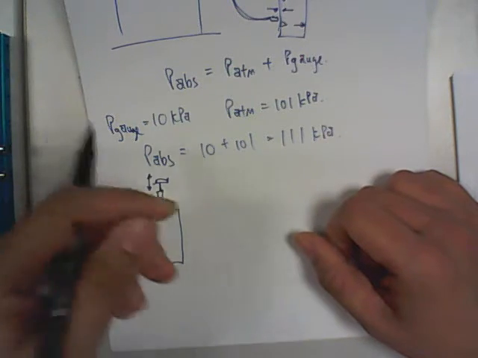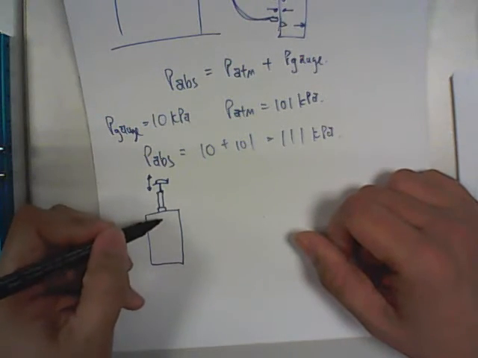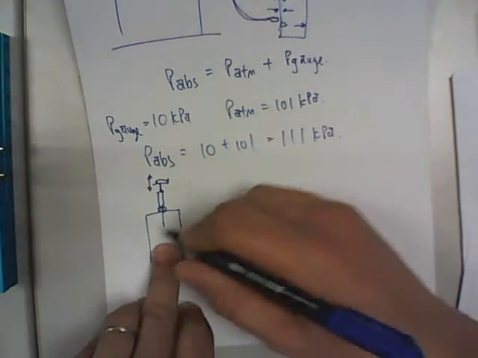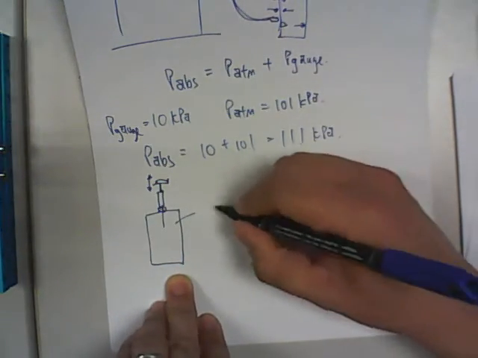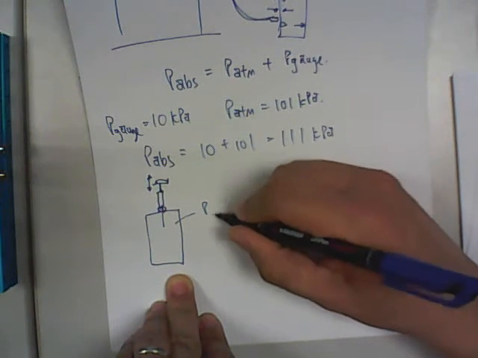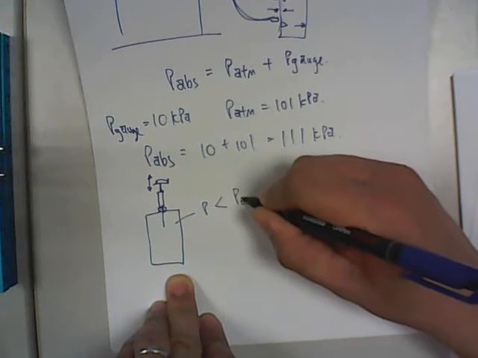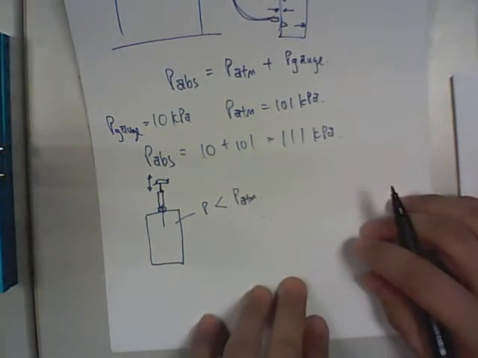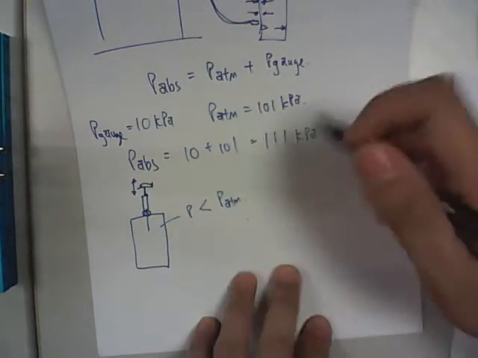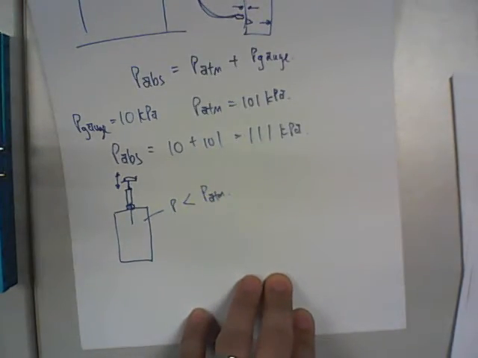You pull up and down, and this device sucks the air out of the container. By sucking the air out, the pressure inside is actually less than atmospheric pressure. How much less is your vacuum pressure. Again, figure 1-4 over here indicates this.